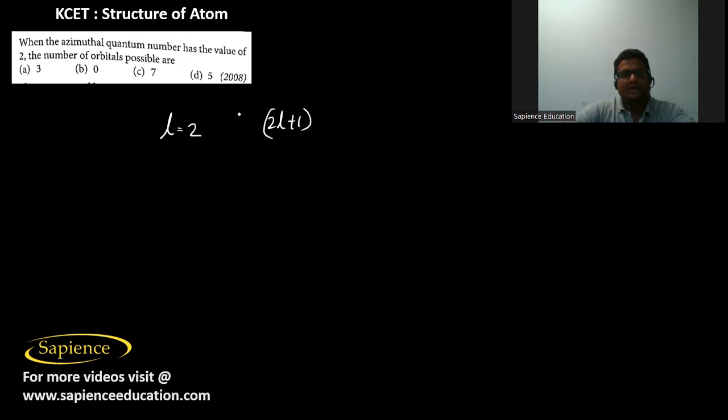If the azimuthal quantum number is L, then 2L plus 1 gives you the number of orbitals. So L equals 2 means the number of orbitals will be 2 into 2 plus 1, that is 5. So option D is the correct answer.